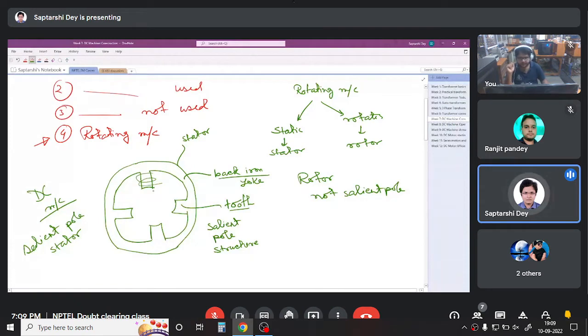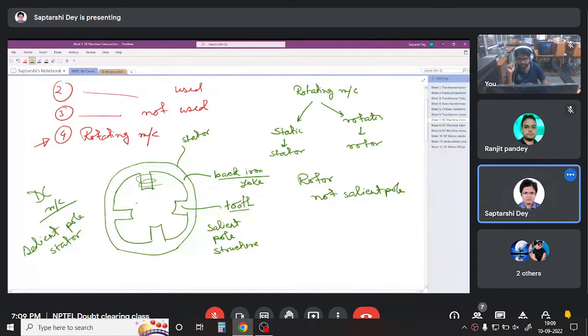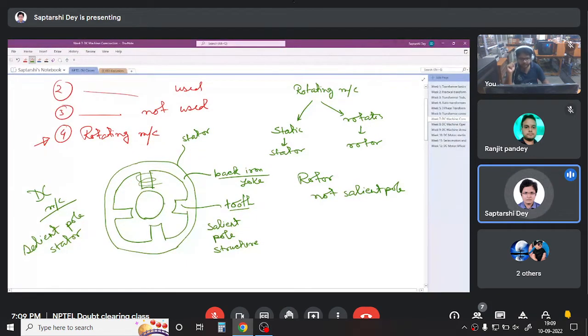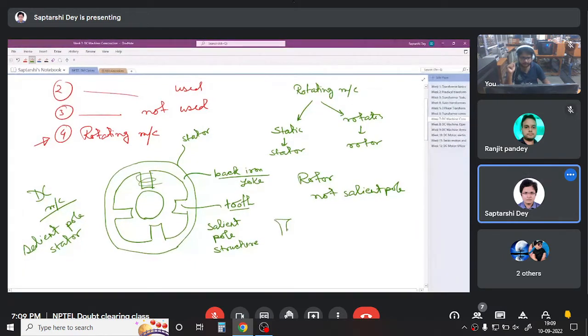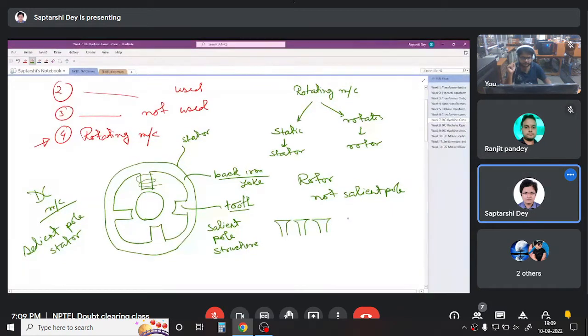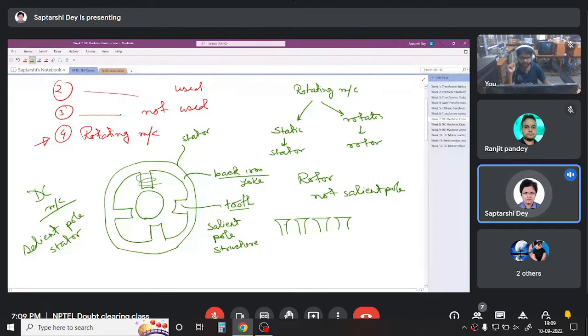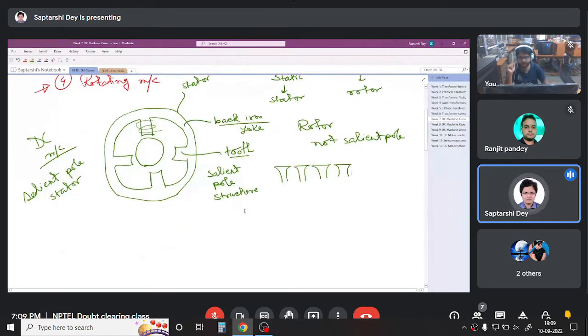So if you look at the DC machine rotor from outside, it looks something like this. But if you look very closely to it, you will see teeth present. But they are constructed in this way. So I am drawing the developed view. Okay, so what is developed view? Developed views are very much used in study of any kind of electric machine.